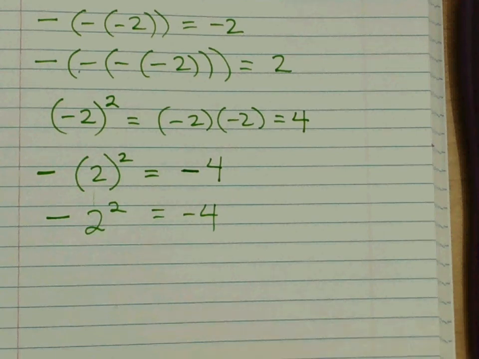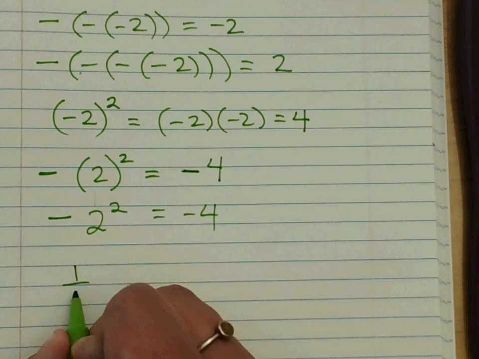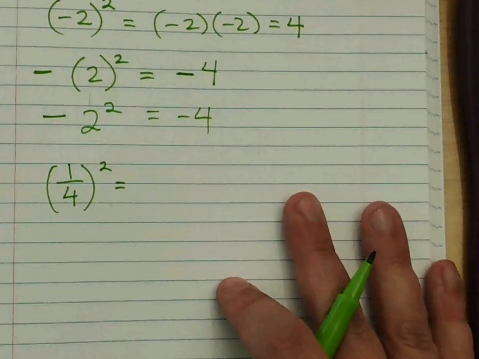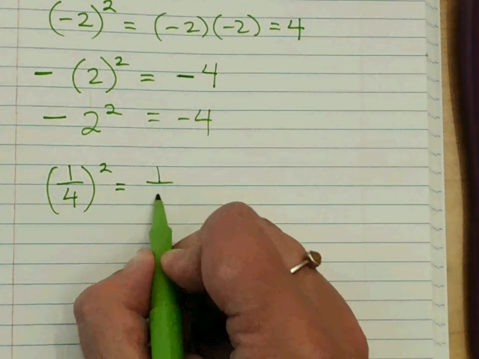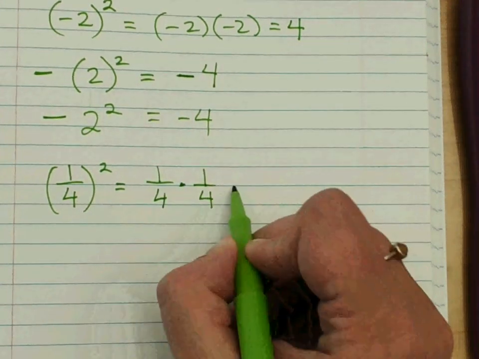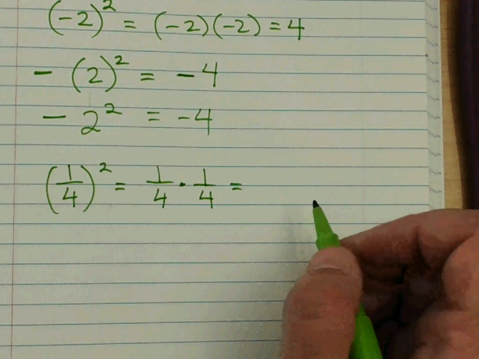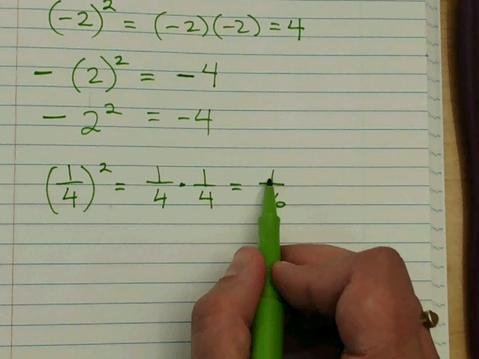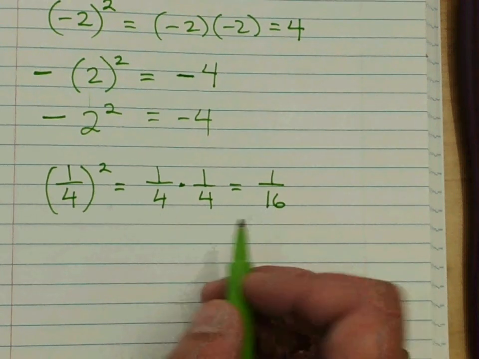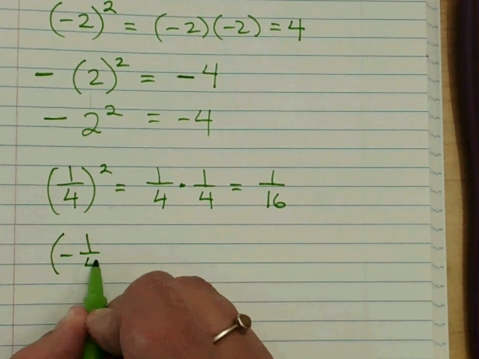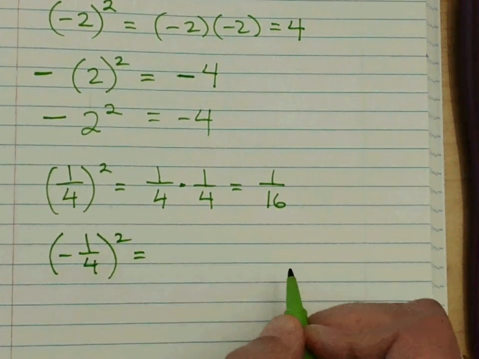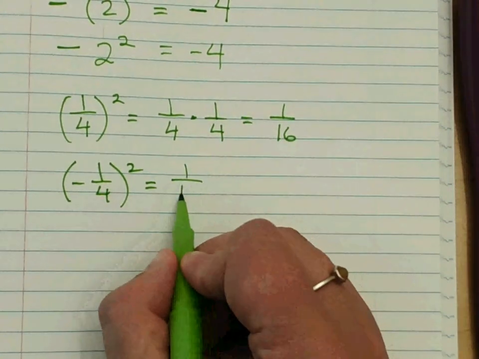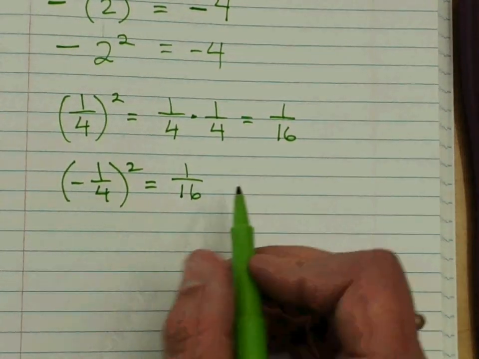Okay, what about with a fraction? Let's say we have a fraction 1/4 squared. What would that be? What's 1/4 times 1/4? 1 over 16. Remember, we multiply across. 1 times 1 is 1. 4 times 4 is 16. What if I put the negative inside? It's going to be also 1/16.